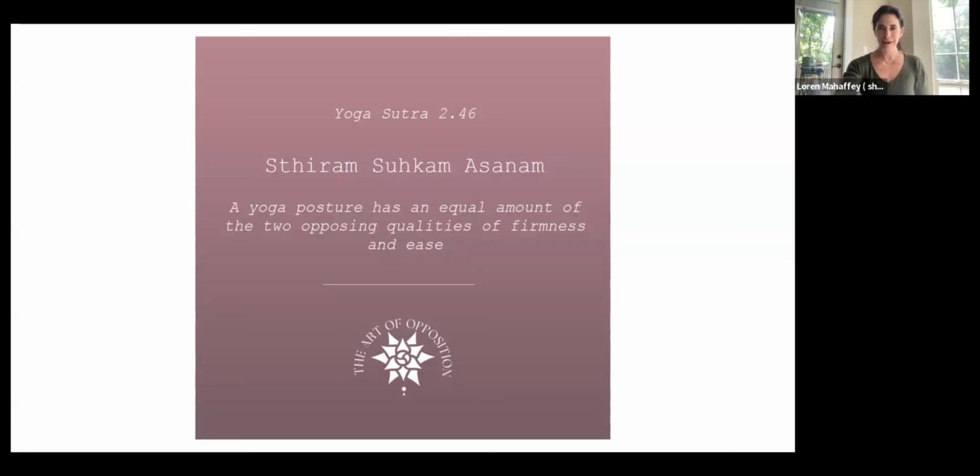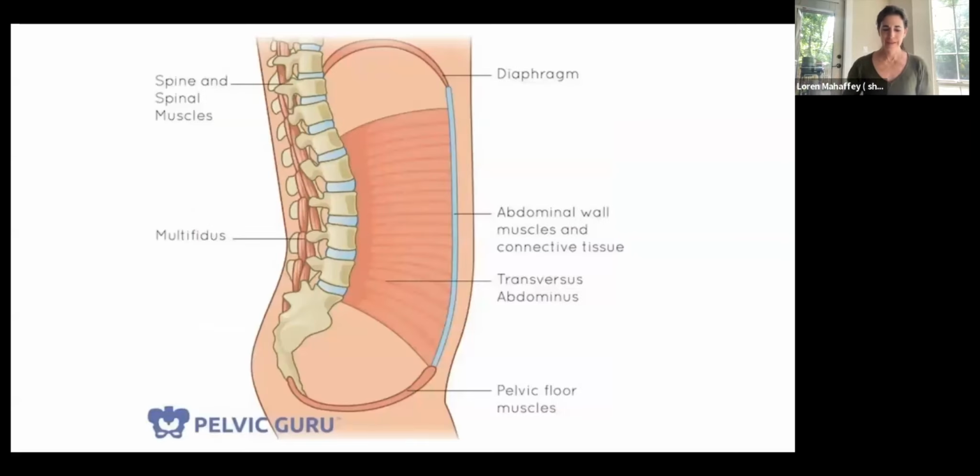So let's talk about the core canister again. The abdominal core canister is a term we use to talk about the core muscles of the body, and this includes the respiratory diaphragm, the abdominal muscles, some of the muscles of the back, and the pelvic floor.